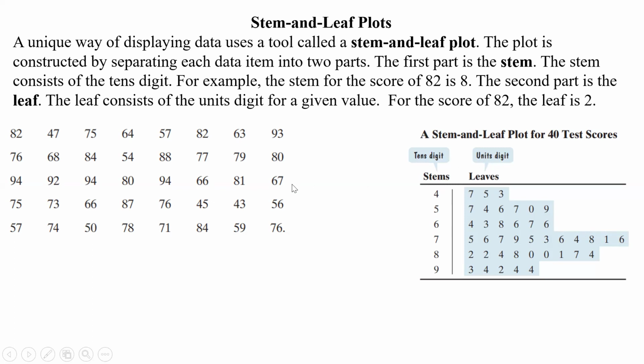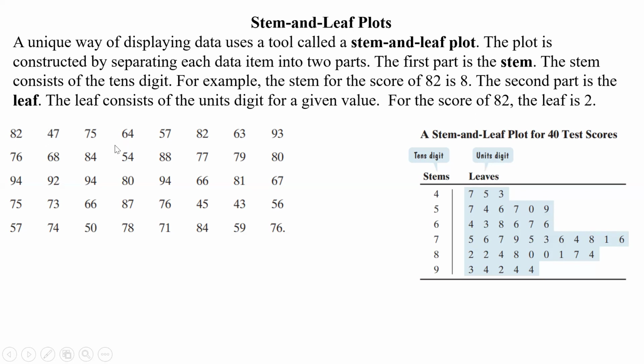In classes it's usually just 2 digits, where the stem is the tens digit and the leaves are the ones digit. So if we have 82, 8 is the stem, and 2 is the leaf.